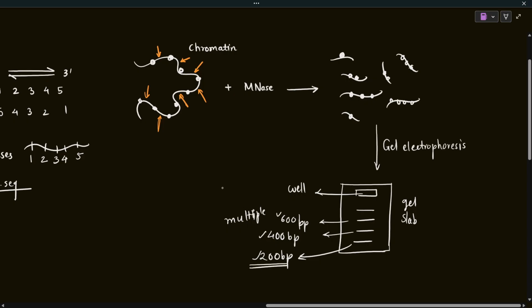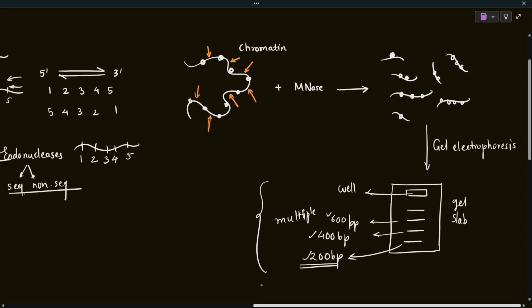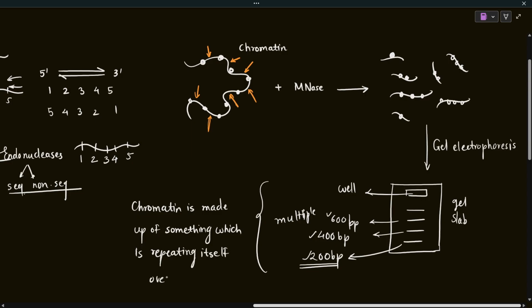So from this, researchers concluded that chromatin is made up of something which is repeating itself over the whole length of the chromatin.